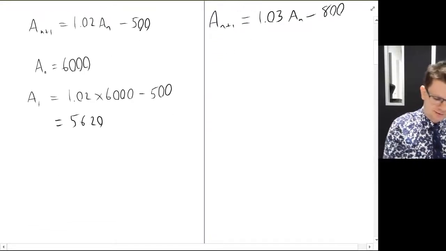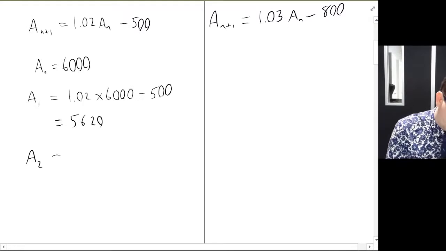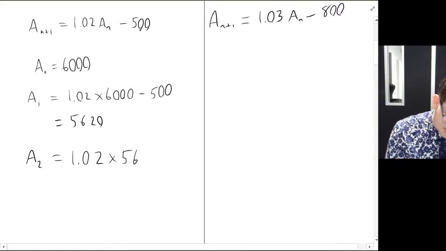Let's work out the value after that, A2. Well, 1.02 times the previous amount minus 500.